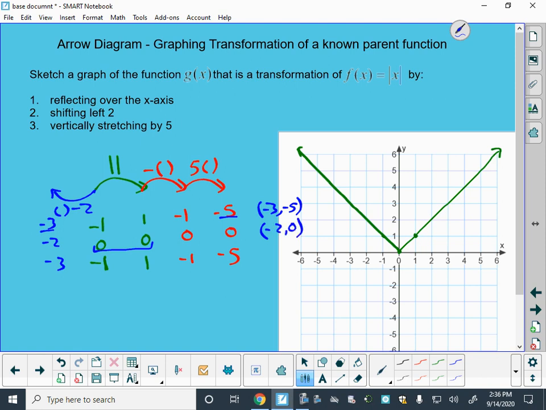And I have another point on there at -3, -5. So I'm going to plot those points and see where they are now in my transformed function. So -3, -5 is right here. And -2, 0, that should be where my vertex is now.